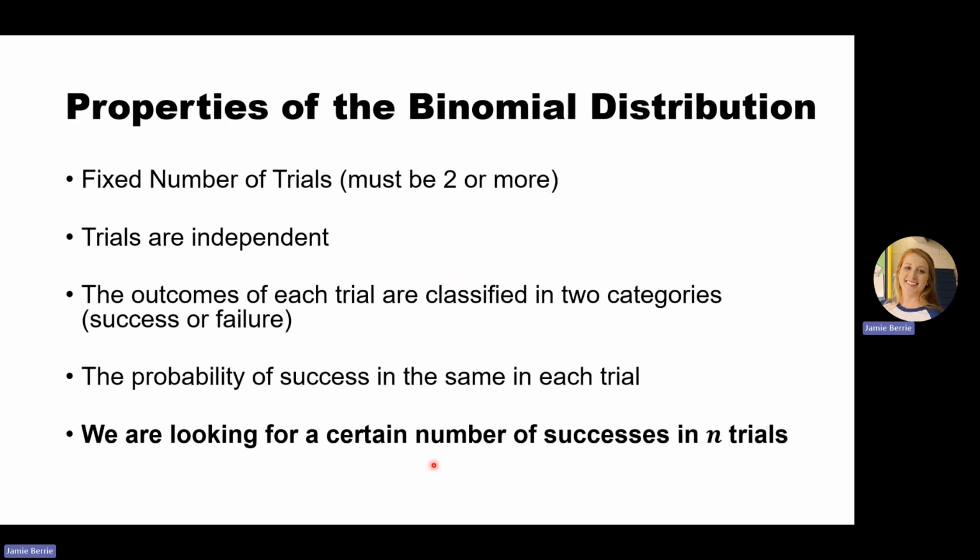So we're looking at our predetermined number of trials and looking for a particular number of successes. Now, you could also say, what's the probability that the dog catches the Frisbee less than 2 times? What's the probability that the dog catches the Frisbee more than 3 times? You can look for those types of probabilities as well. But we're always looking at it in terms of number of successes, not number of failures.